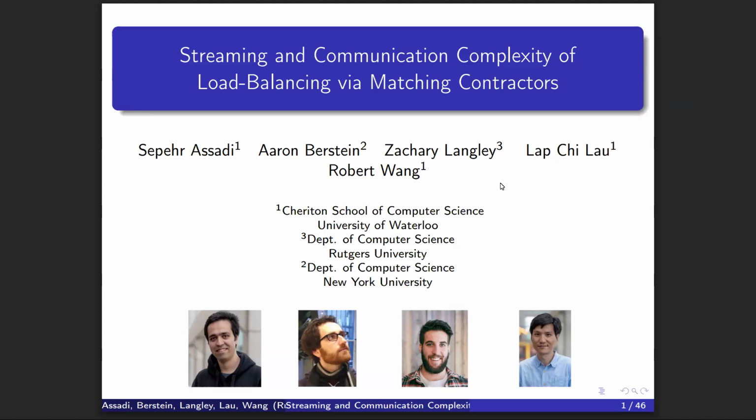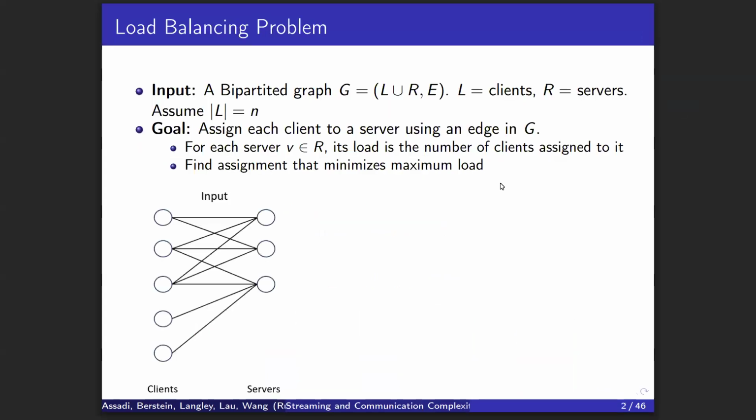All right, so the problem that we'll be studying is the load balancing problem on bipartite graphs. We are given a bipartite graph G, with vertex partitions L and R, where we will refer to L as the clients and R as the servers. Our goal is to find a minimum load assignment of the servers to the clients.